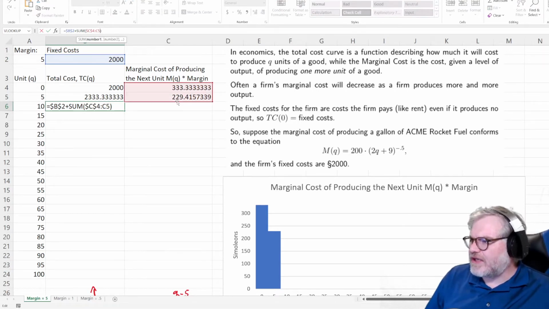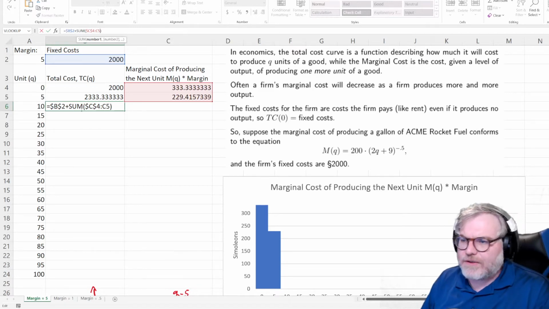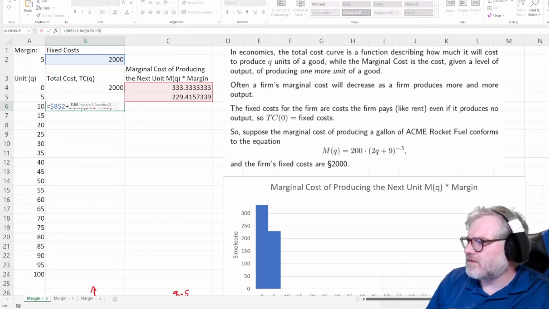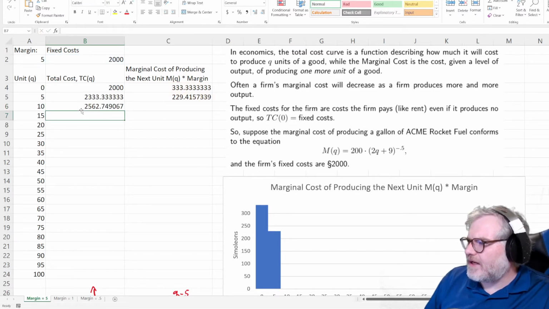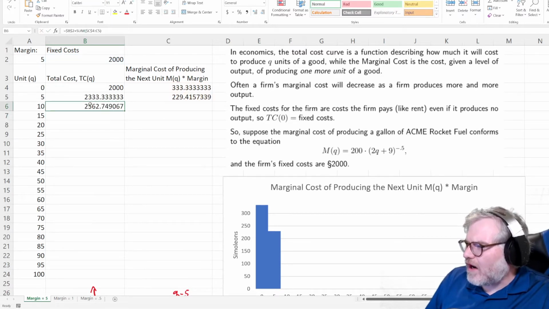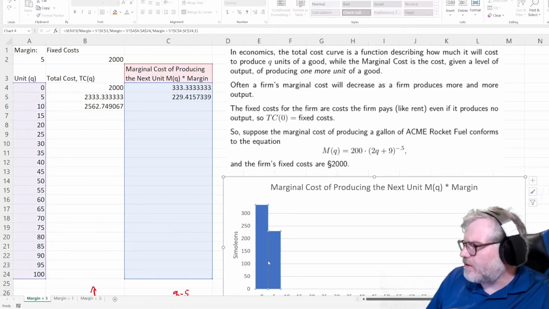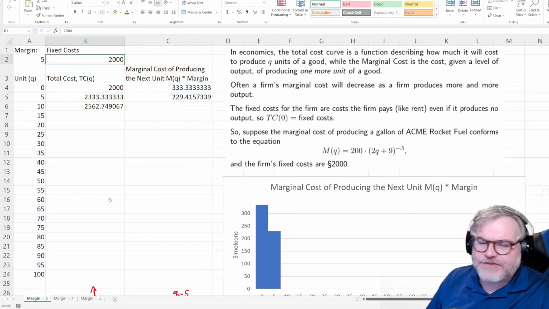That's those 2 units, and I'm going to add them together, and then I'm going to add the fixed cost, which is that one in blue. And I'm going to hit enter, and that gives me the total cost of producing this, which is the area of this rectangle plus the area of that rectangle plus the 2,000.